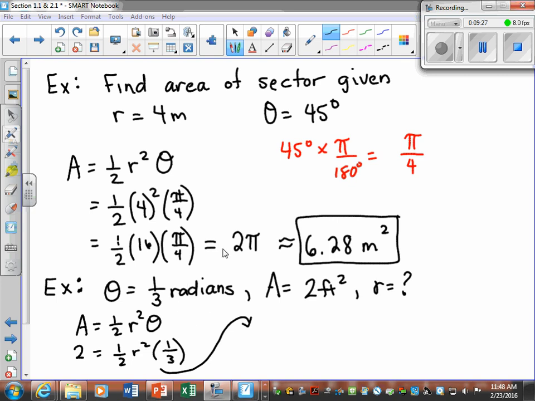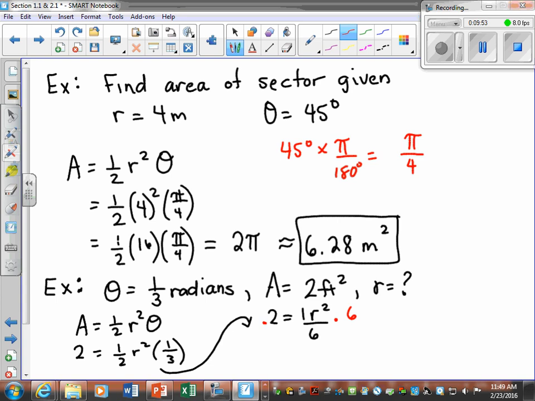I'm going to simplify. So it's just going to give me 2 is equal to, right here, 1 times r squared is just going to be r squared over 2 times 3 is 6, or I can say 1/6 r squared. If I'm solving for r, I can multiply by the reciprocal, which is 6.